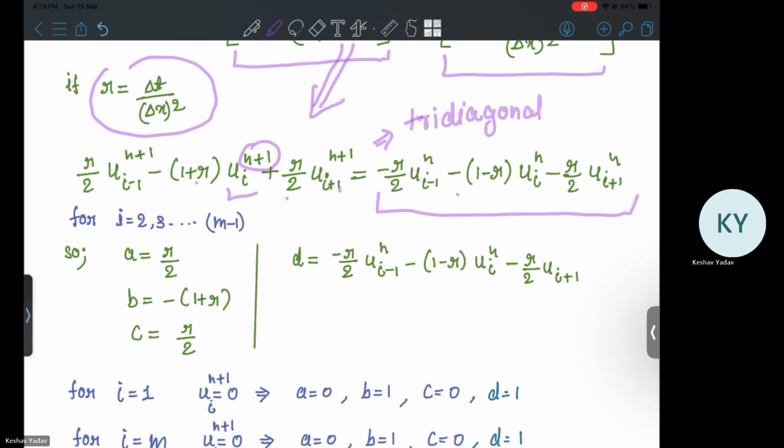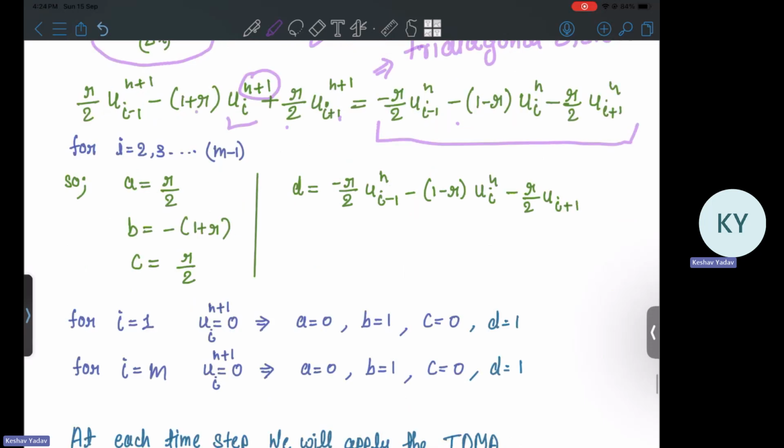This is a tridiagonal system. So this can be solved using the Thomas algorithm. So what we'll do, for i equal to 2 to m minus 1, we'll define a equal to r by 2, b will be equal to this value, and c will be this value.